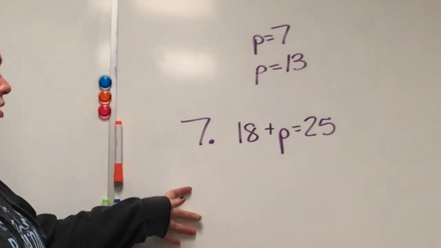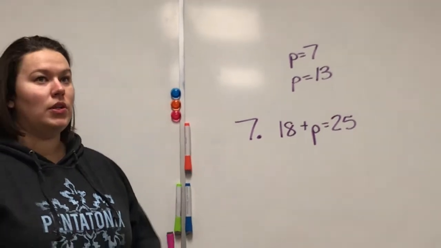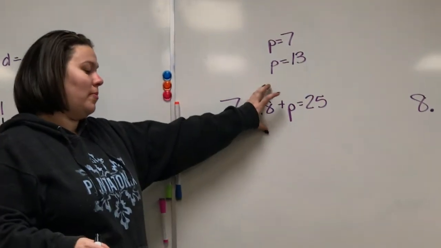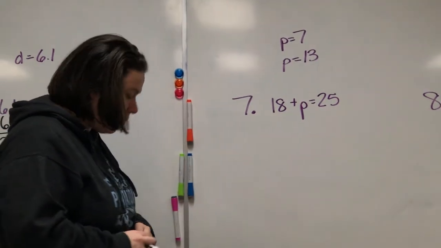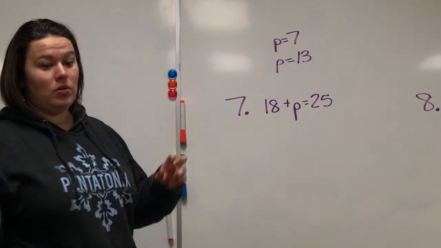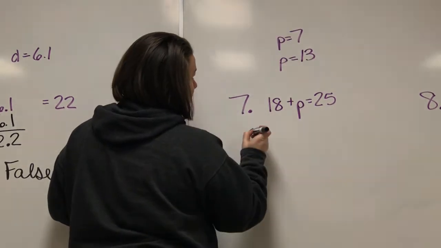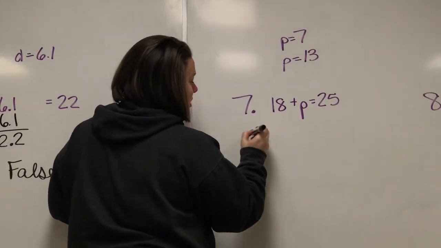Number 7 gives you a story, and you can read through the story, but this is the number sentence that they want you to work with. Then they give you 2 options, and they want you to see which one it is. I'm going to start with the first one. They said that it could possibly be 7.